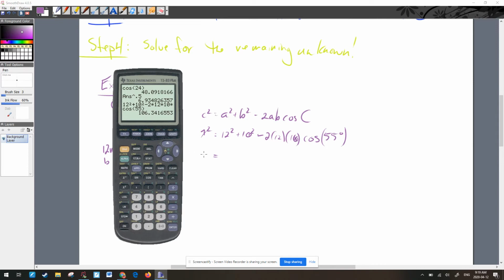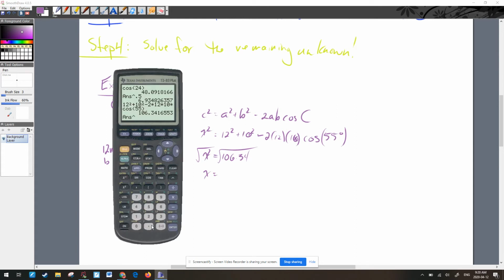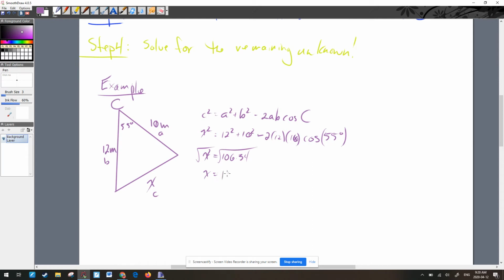So now x squared equals 106.34, but we don't want x squared, we want just x. So I'm going to root both sides. We get that x is equal to 106.34 to the exponent 0.5 for a square root, and we get 10.31. So we just found that x was 10.31 meters in length.